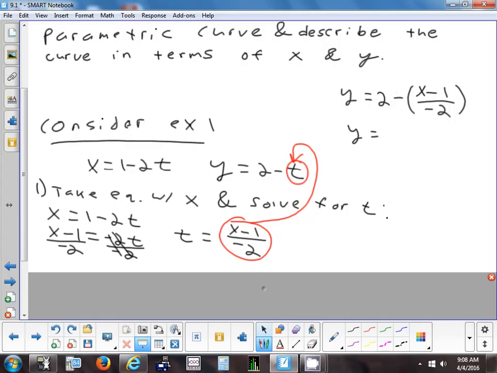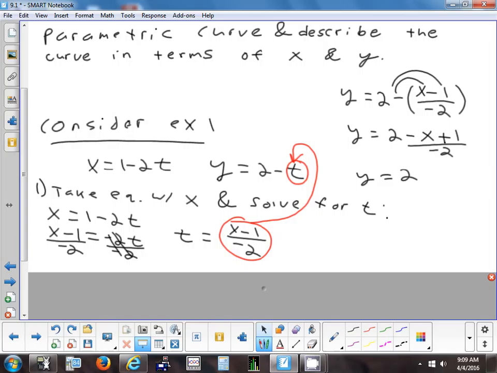First thing I have to do is distribute out that negative. So I get 2 minus x plus 1 over negative 2. Now, instead of writing this with a common denominator, I'm just going to separate it out.